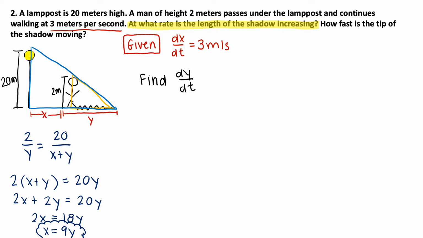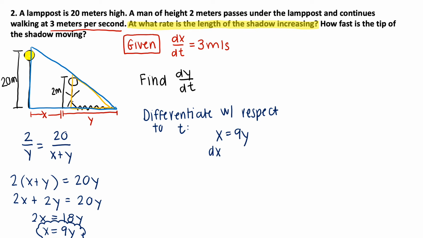So now we can go ahead and actually differentiate with respect to t. Starting with x equals 9y, we get dx/dt equals 9 dy/dt.